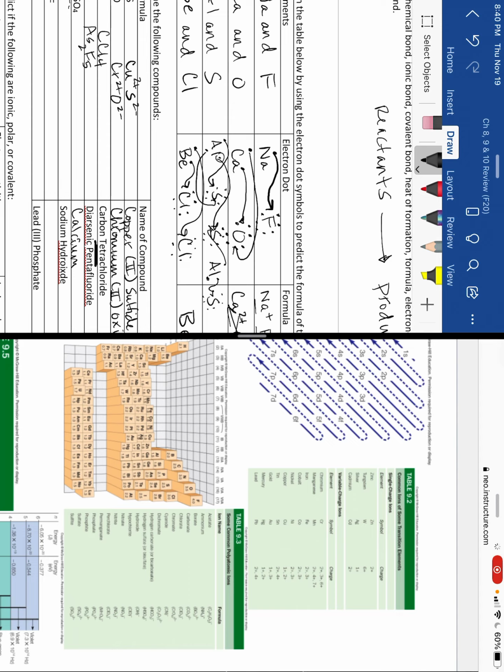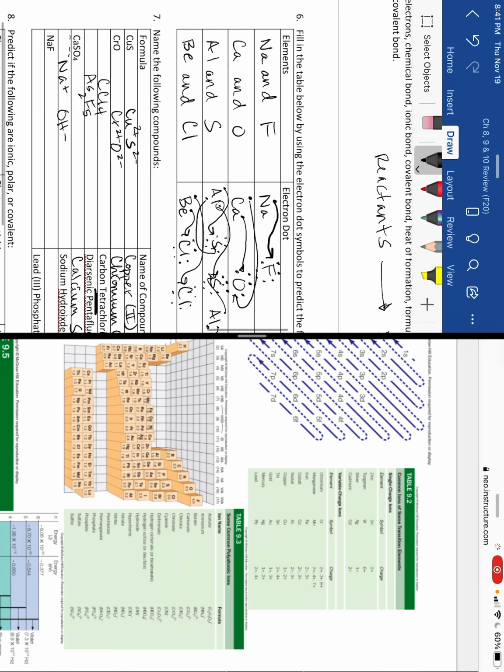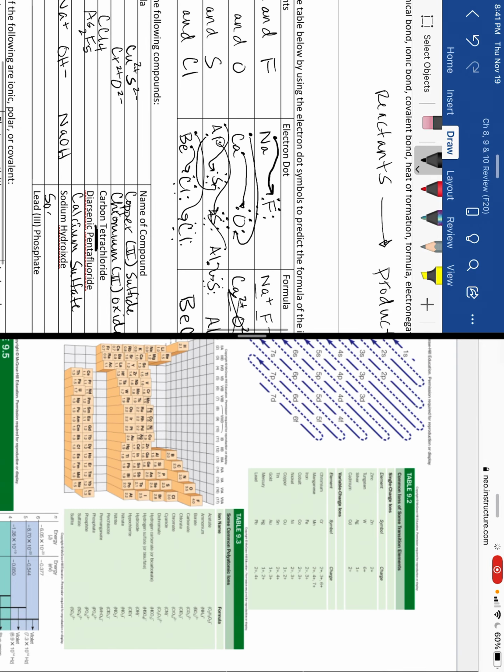So just calcium sulfate. All right, and then you've got sodium, so Na plus, right? Hydroxide. So again, if you look on the periodic table, you won't find hydroxide. It's one of these polyatomic ions, which hydroxide is just OH negative. So if you do the crossover thing, it's just NaOH. NaF is just sodium fluoride.